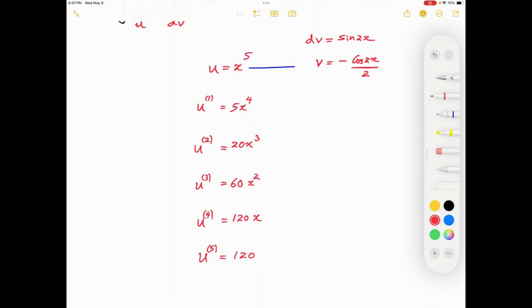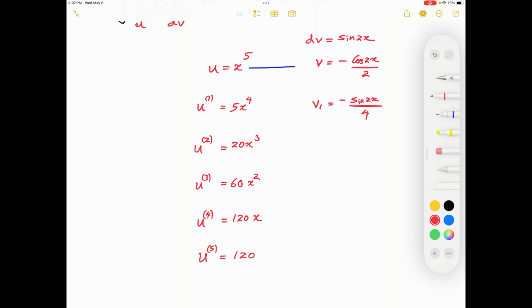Since we differentiated u 5 times, now we pay attention to our v, and we need to integrate v also 5 times. Let me start doing that. The first integration of v, I will write as v sub 1, which will be equal to negative half times the integral of cosine 2x, which is equal to negative 1/2 times sine 2x divided by 2, which will be simplified to negative sine 2x divided by 4.